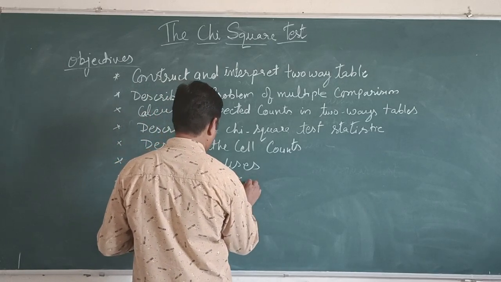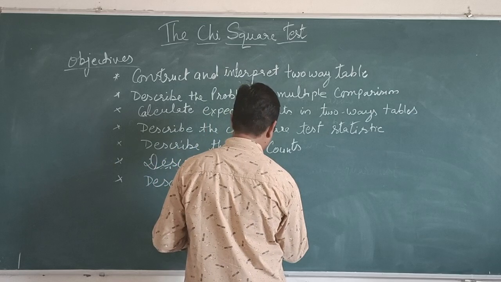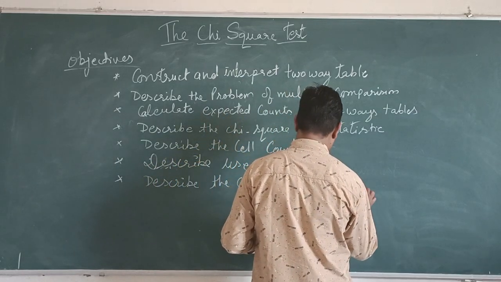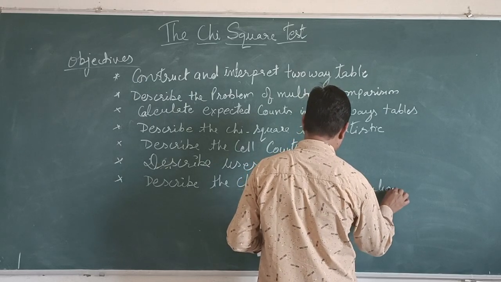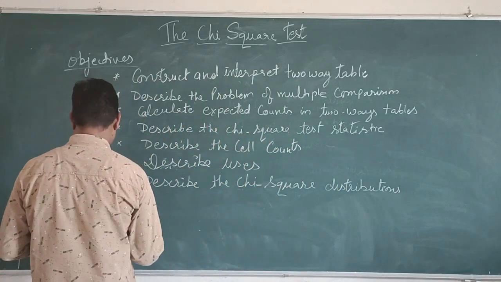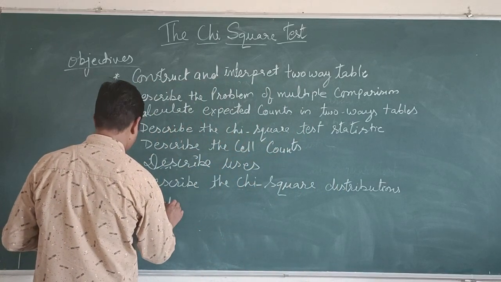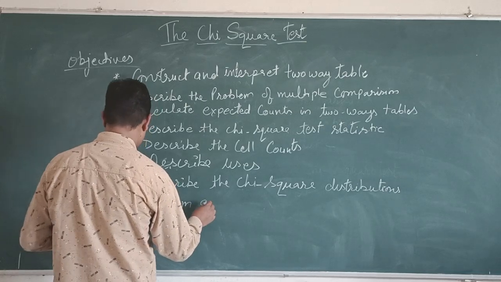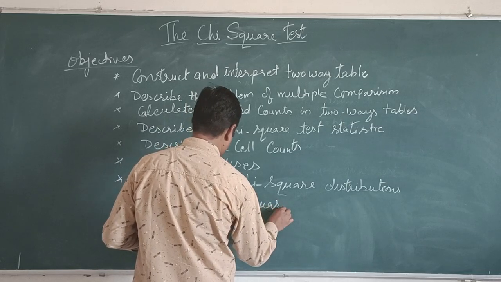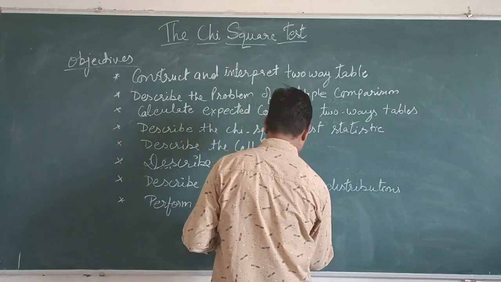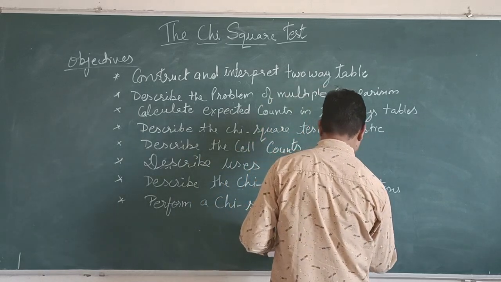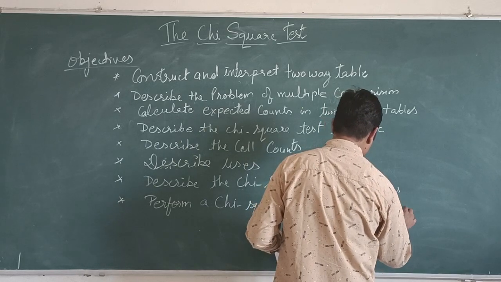Describe the chi-square distribution. Next one is to perform a chi-square goodness of fit test.